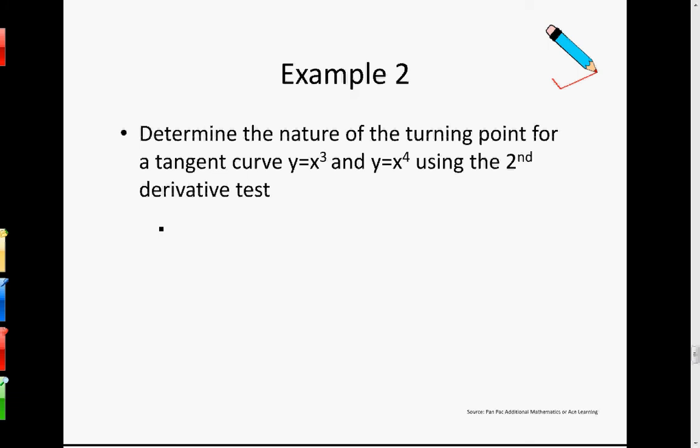Another example shows how the second derivative test sometimes fails. Let's do a second derivative test for y equals x cubed.